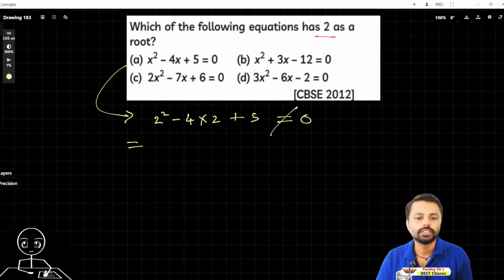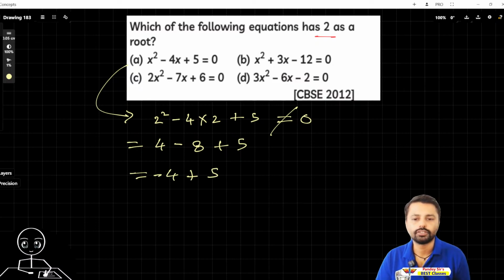If it is not, then it is wrong. That's 4 minus 8 plus 5, which is minus 4 plus 5. It's not 0 at all. So A is not the answer.